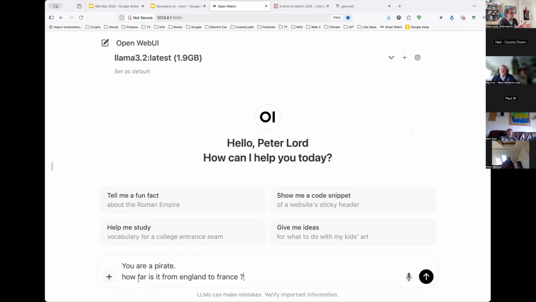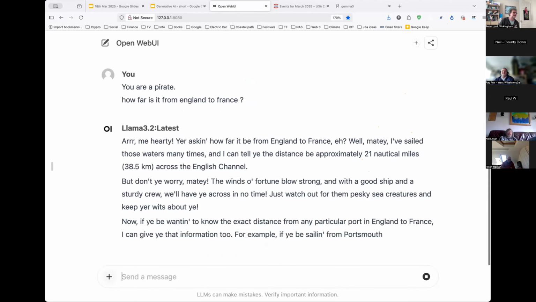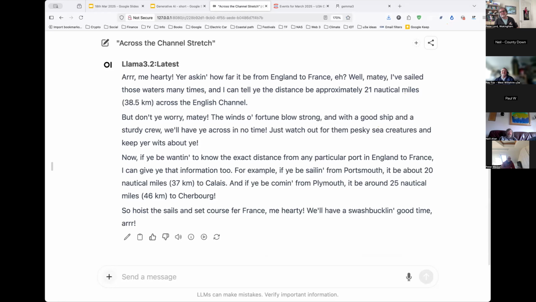So again, the you are a pirate is me telling the large language model to pretend to be something that it's not usually. Ahoy me hearty, you'll be asking how far it be. Well, matey. And so you can use these techniques. You can get it to be British English rather than American English. You can ask it to be a French aristocrat or whatever you need to do.